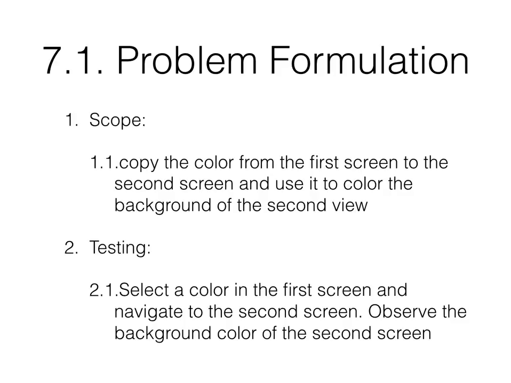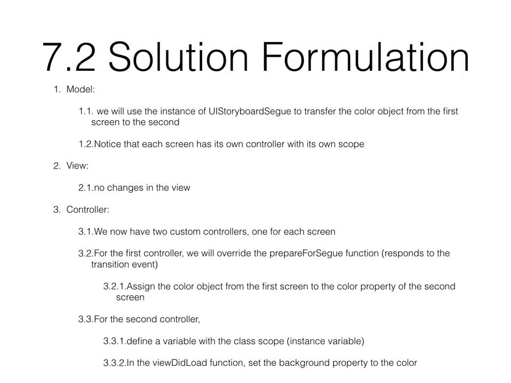So when alpha is 0, the background is white, so you see white. In the second screen, I'm just going to color the view layer that's there, which sits on top of nothing. So if alpha is 0, the second screen will display nothing. So we're going to try to test this only with alpha 1.